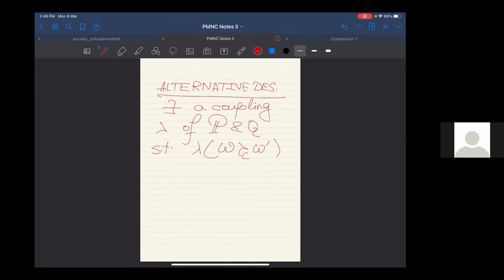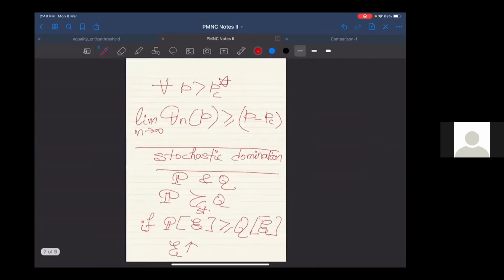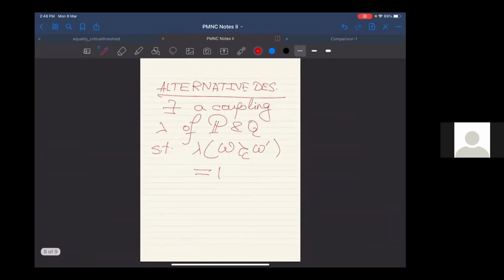As you know, under lambda the marginal of omega would be P and the marginal of omega prime would be Q. So you can couple it so that omega prime is always smaller in this partial order with respect to omega.